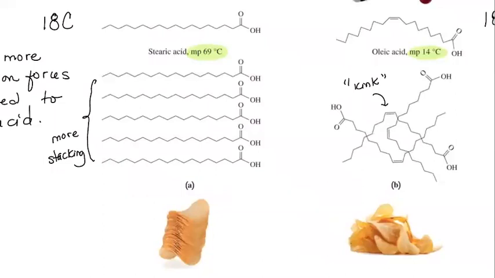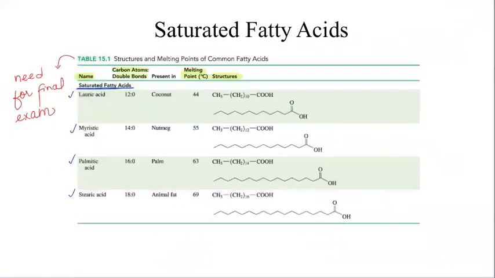So not being able to stack well is what makes unsaturated fatty acids have a lower melting point. Now, if we compare the values for melting points among saturated fatty acids, as you can see, the longer the carbon chain, the higher the melting point. Just to think about it, the longer the tail, the longer the area that you have for stacking, that means that your melting point goes up.